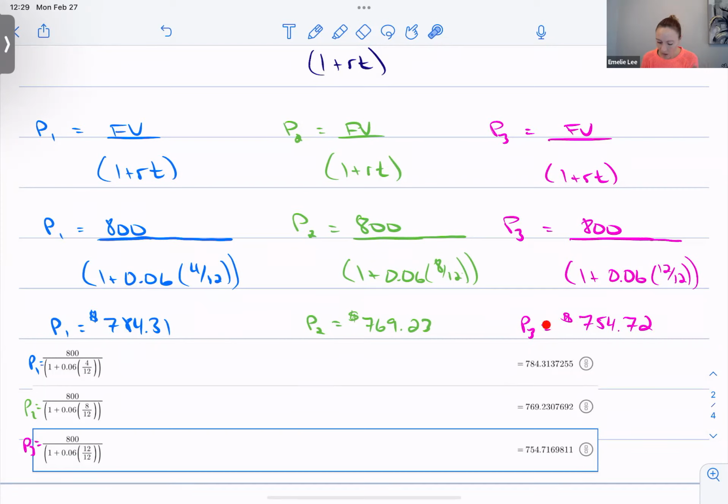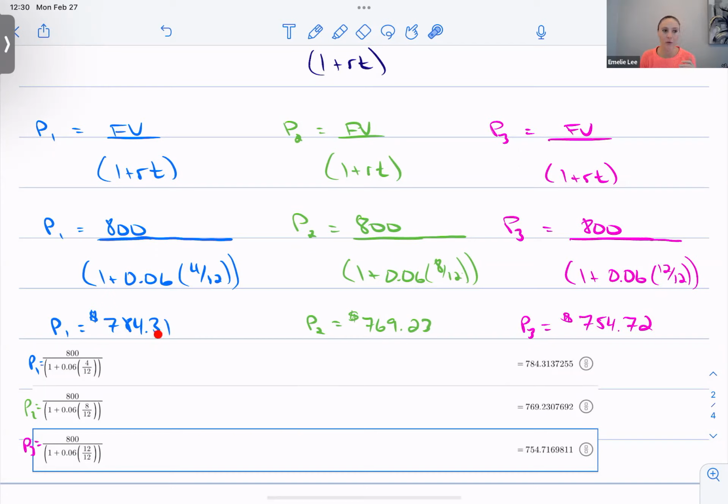I'm also expecting the payment that sits there the longest, the 12 months, to be the smallest principal amount, right? If I go to the bank and I say, here's $754.72, and if the interest rate is 6%, then in a year from now, I'll have $800, right? Same thing, 769.23, a little bit more that I have to invest, but in 8 months, I'll have $800, right? So see how these are all equivalent payments.